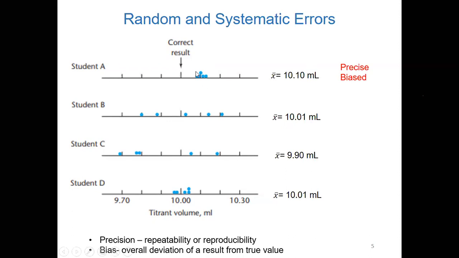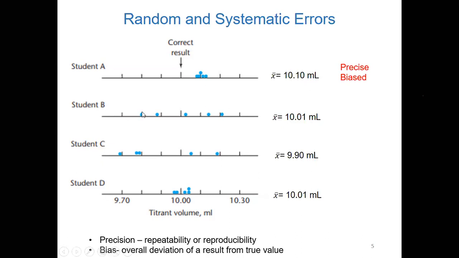So it is highly precise, but the correct value is 10 milliliters, and the mean value he actually got is 10.1. It has deviated from the correct value. When we talk about titration, this 0.1 deviation is huge. Therefore, the result he got has a bias. Even though it is precise, it has a bias.